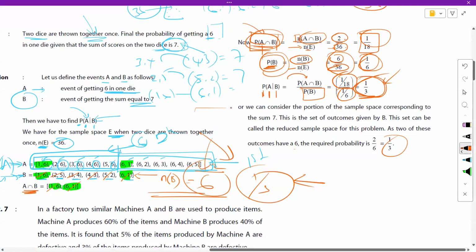But the proper way of calculating probability in this kind of scenario is this.